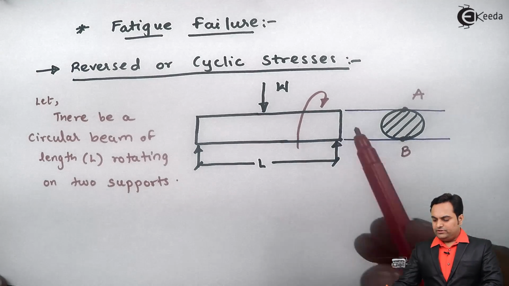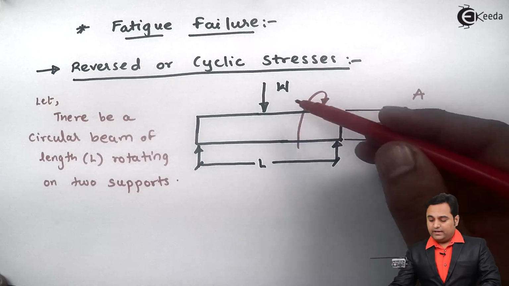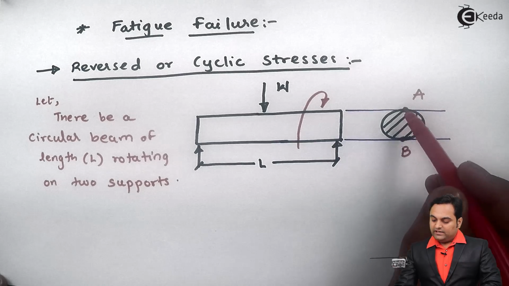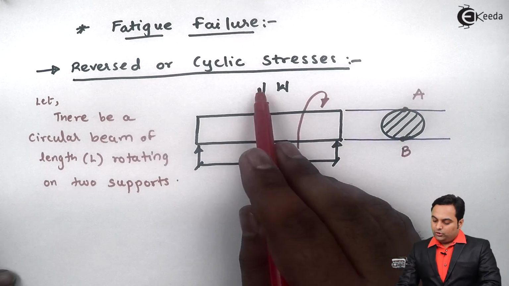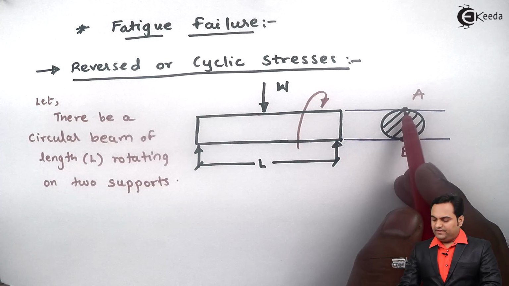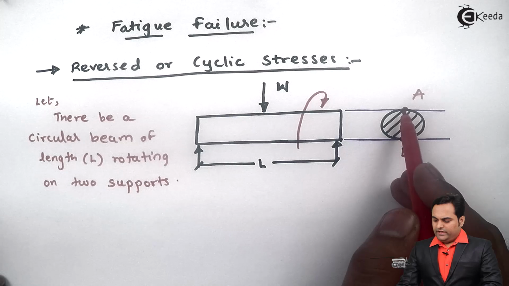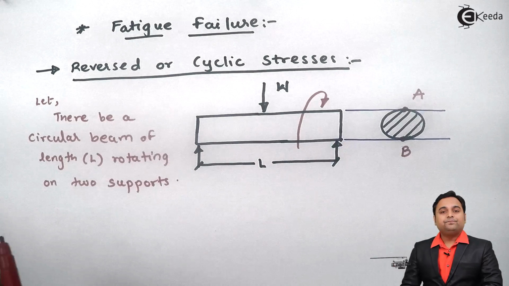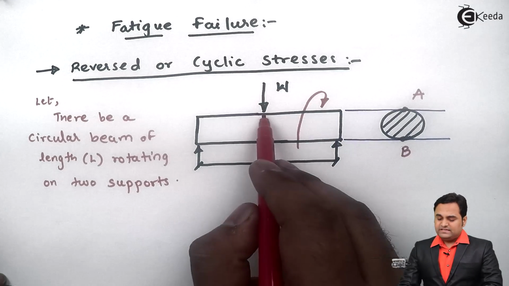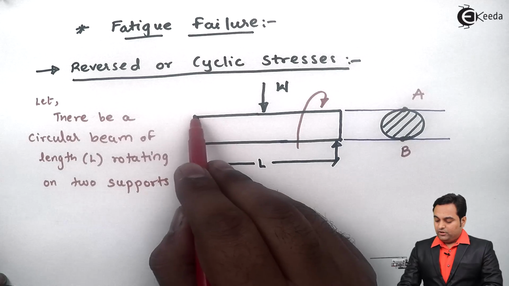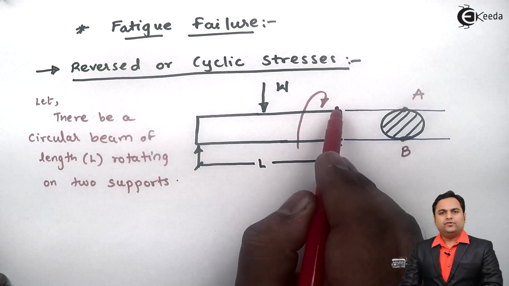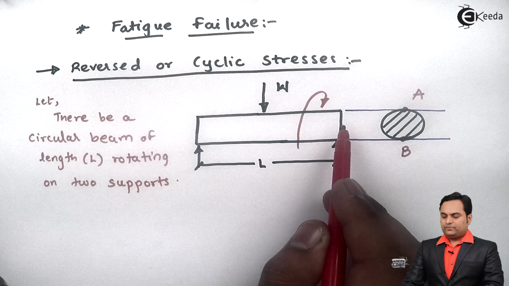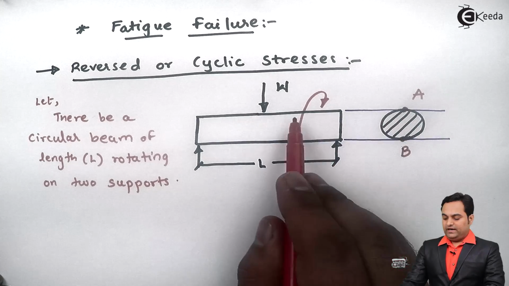Now because the beam is rotating and at the same time there is load acting over it, suppose at the first instant the load is acting at point A. If A is at the top and B is at the bottom, then when the load is acting, the top layer of the beam will be compressed, whereas the bottom layer will be in tension, it will be elongated. That is if point A is at the top.